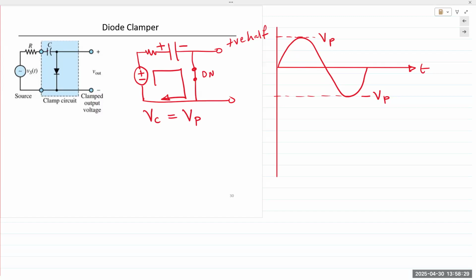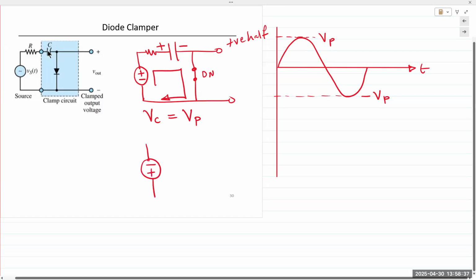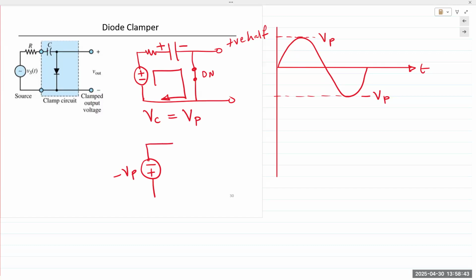Now, in the negative half cycle, I'm going to omit that resistor. This is minus Vp, but I've already flipped the terminals anyway. And you have a fully charged capacitor that behaves like a DC source, right?